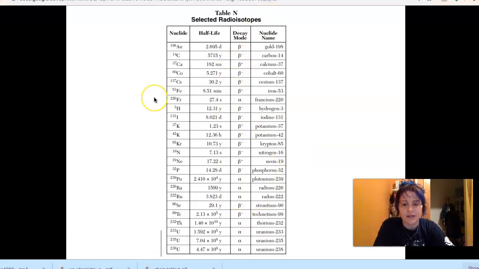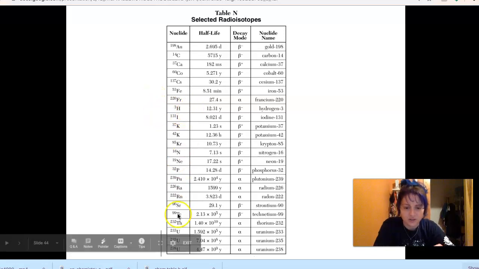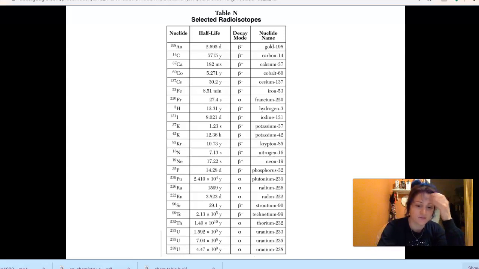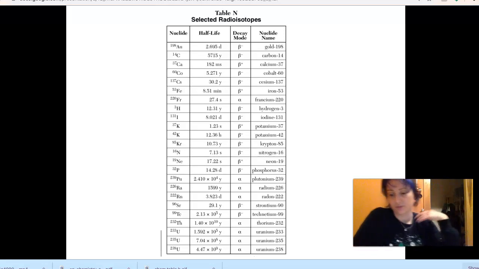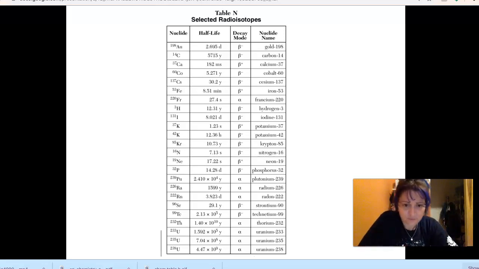All right. And as you can see, generally speaking, the super heavy isotopes, the things towards the bottom of the screen like uranium-233 and uranium-238, are going to undergo that alpha emission because those are super, super massive nuclei that just need to lose size. If you look up here, for example, carbon-14 is a nucleus with 8 neutrons and 6 protons.